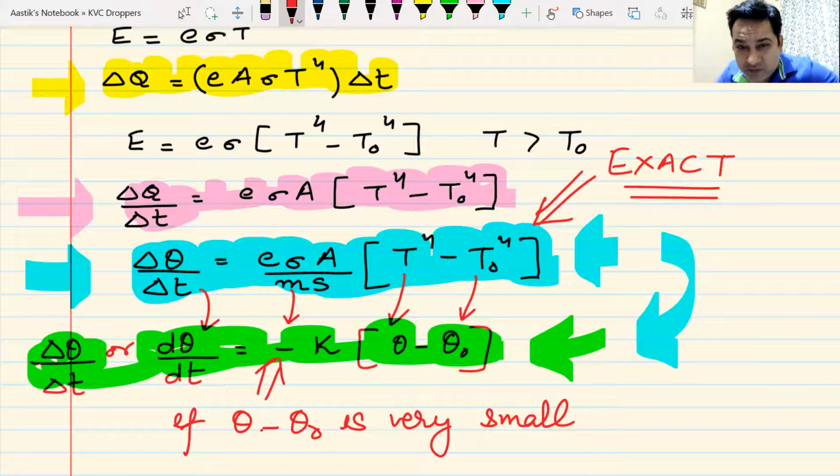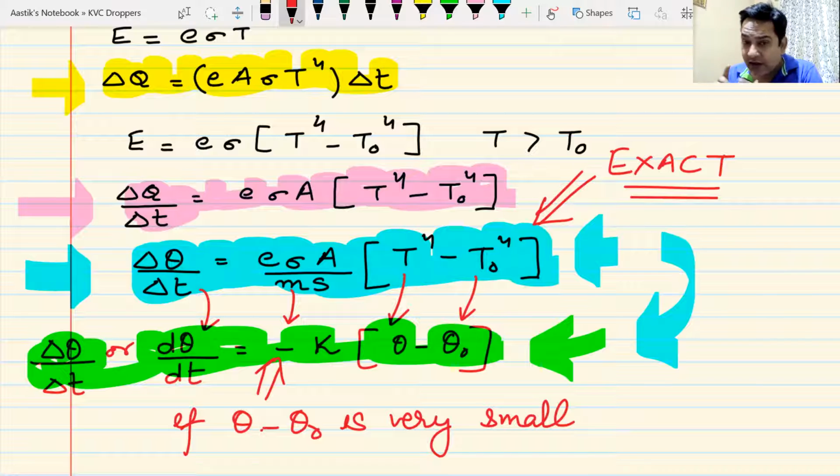The blue formula comes from Stefan's law and the Prevost law. From that blue formula, the green formula has been derived. Newton's law of cooling is derived from Stefan's law. Do we understand this? Please remember this. This might come as a question. Please mention Stefan's law in that answer.